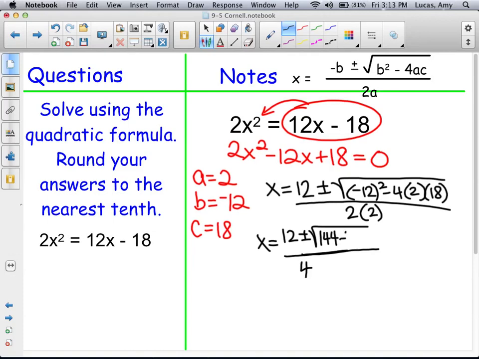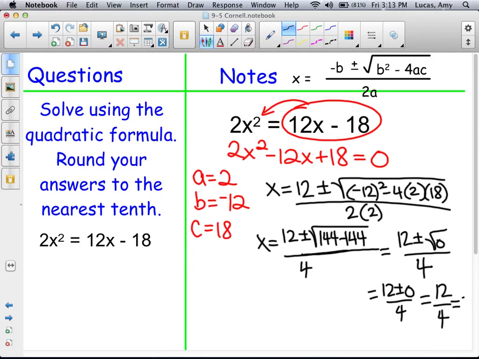That happens to be negative 144. So, underneath my square root, I have 0. The square root of 0 is, of course, 0. And adding or subtracting 0 from 12 isn't going to make a difference. So we've only got one solution. That solution is 3. 12 divided by 4 equals 3.